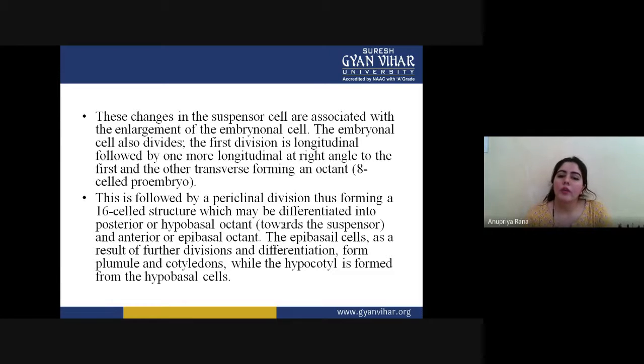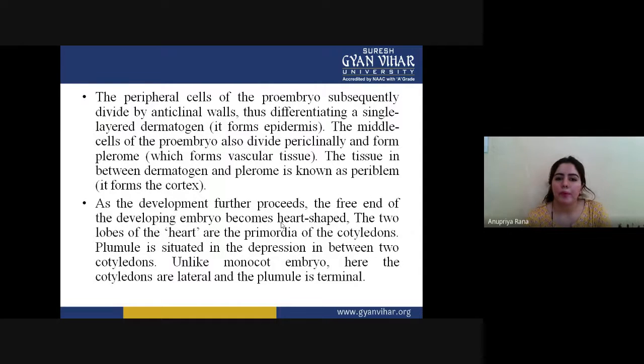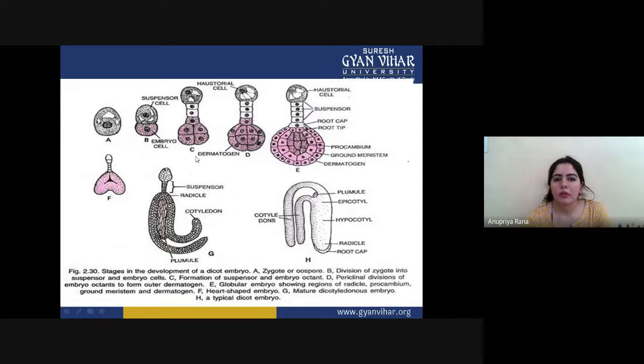So two longitudinal and one transverse division convert it into the 8 cell structure called the proembryo. So you can see 1, 2, 3, 4, 5, 6, 7, 8.